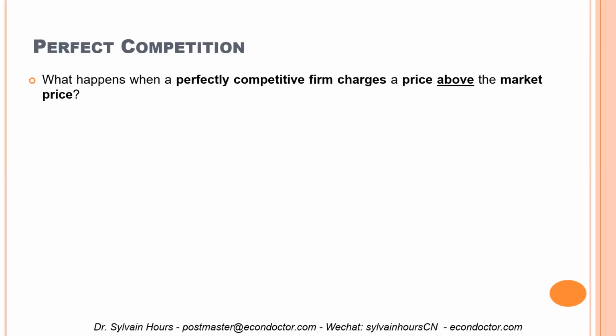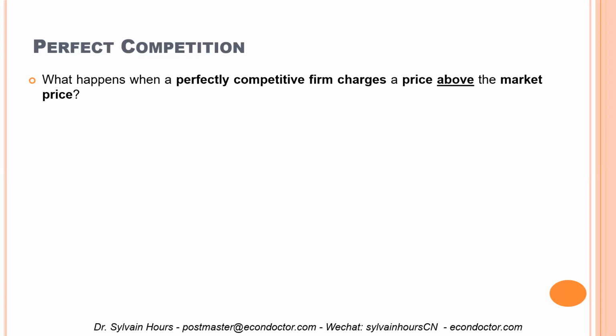You know that the individual demand curve is horizontal, but why is this the case? Let's try to understand that together, step by step. I'm going to ask 3 different questions to understand the shape of this individual demand curve. First question, what happens when a perfectly competitive firm charges a price above the market price?